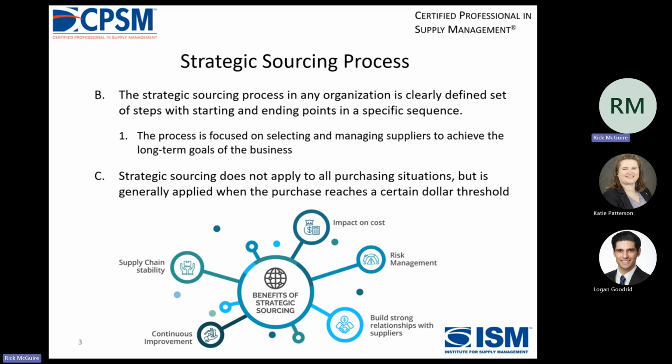In commodity management, you have a plan for the commodity, but the strategic sourcing of who the supplier is, what suppliers we're going to use, is part of that commodity strategy. So it's a set of steps with ending points in a specific sequence. The process is focused on selecting and managing suppliers to achieve the long-term goals of the business.